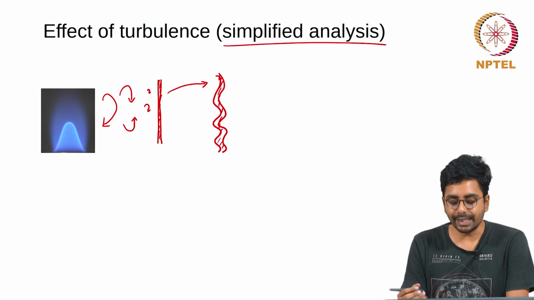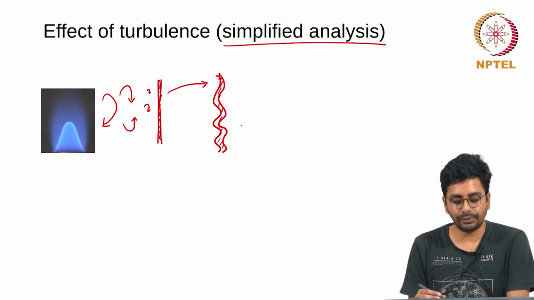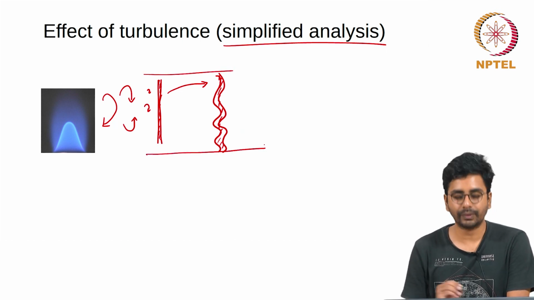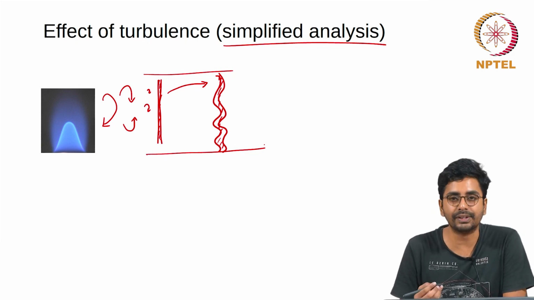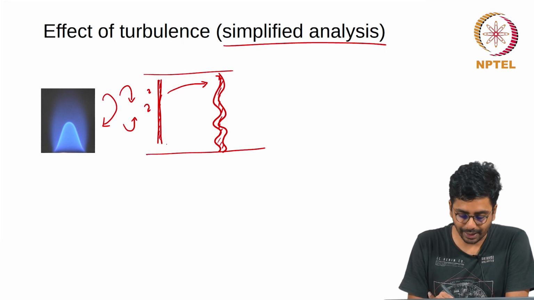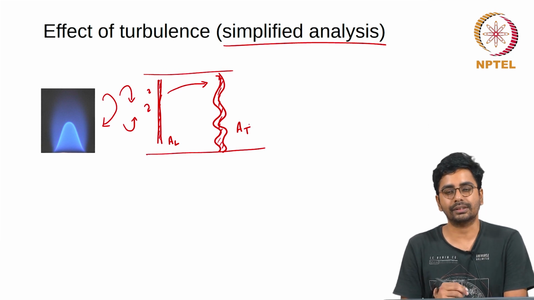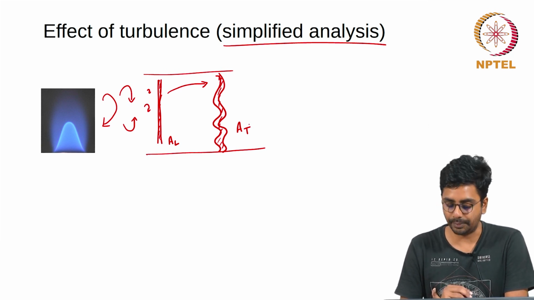You can quickly see that when this happens for a given cross section, the flame surface area has now increased, okay. Here we had a certain area, let us call it AL, here we have a larger area, let us call it AT, T for turbulent.